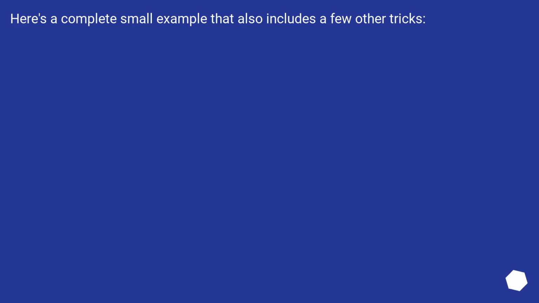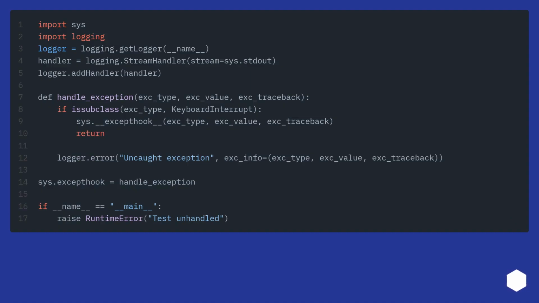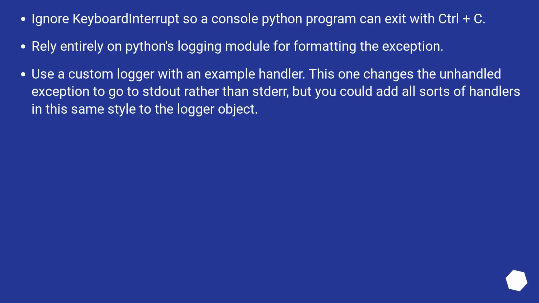Here's a complete small example that also includes a few other tricks. Ignore keyboard interrupt so a console Python program can exit with Ctrl+C.